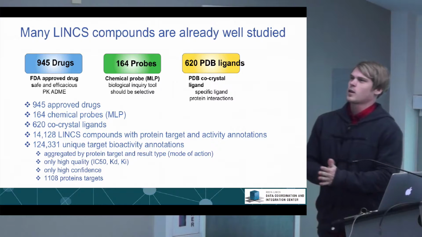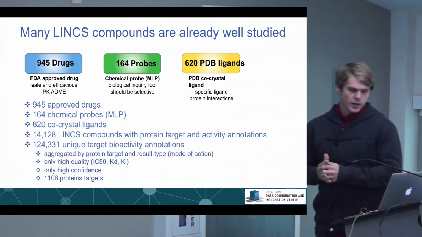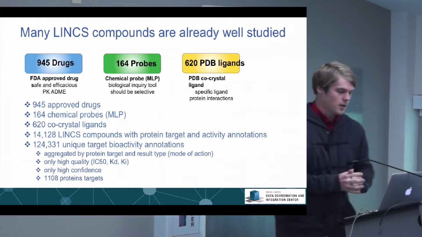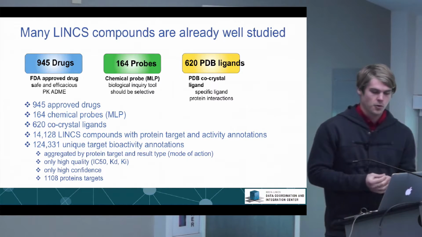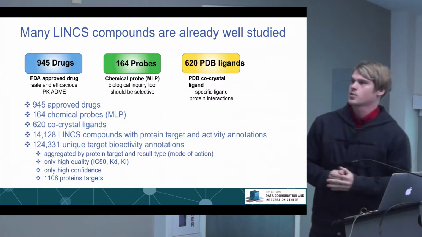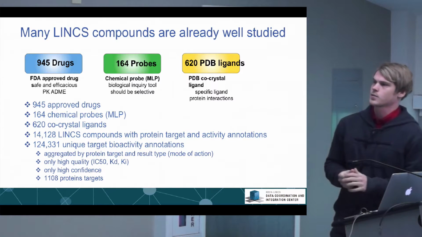So what do we know about LINCS compounds so far? Out of all the LINCS compounds, 945 are FDA-approved drugs, 164 are chemical probes, and 620 are classified as PDB ligands.